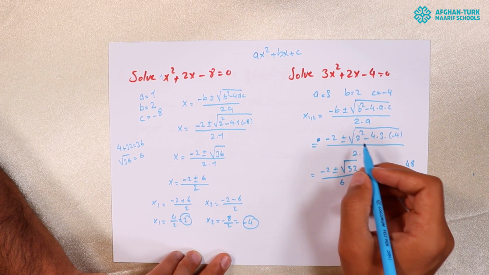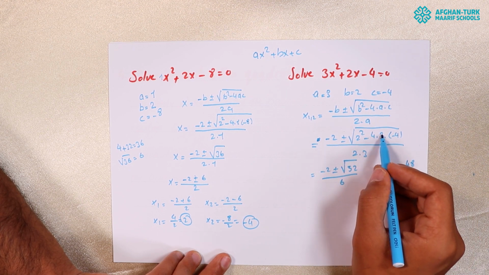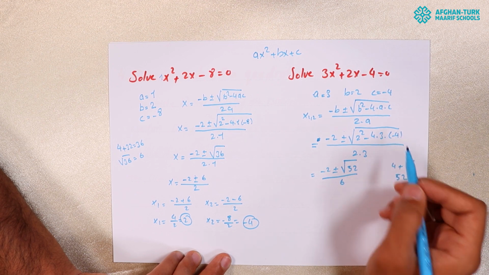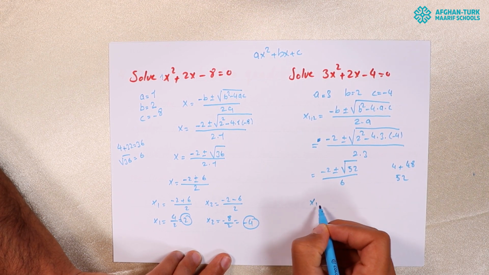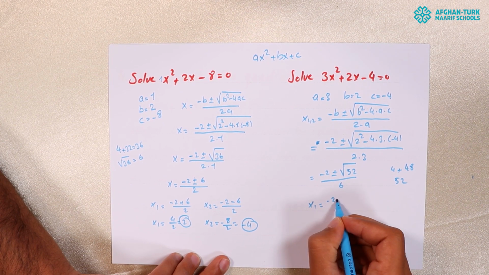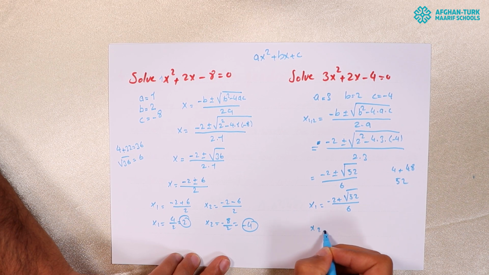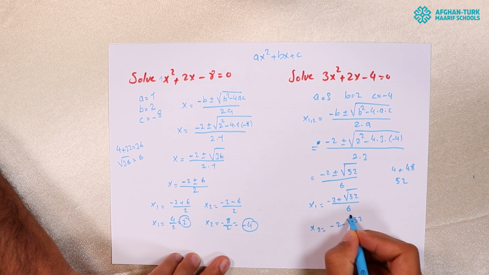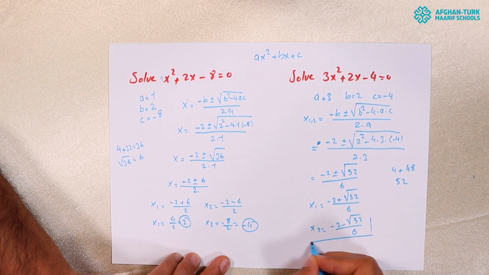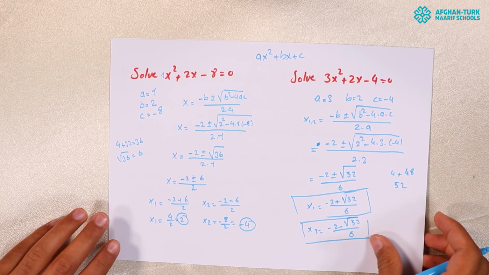Let me check if it's not wrong. 2 to the power of 2 is 4. 4 times 3 is 12. 12 times 4 is 48. So, x1 will be minus 2 plus the square root of 52 over 6, and x2 will be minus 2 minus the square root of 52 over 6. They are the roots of this equation.